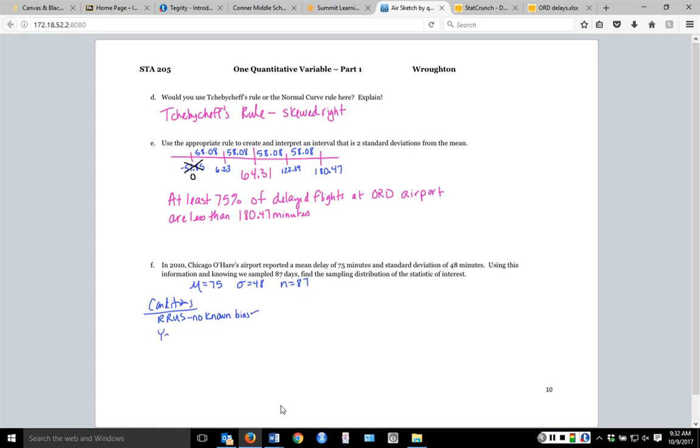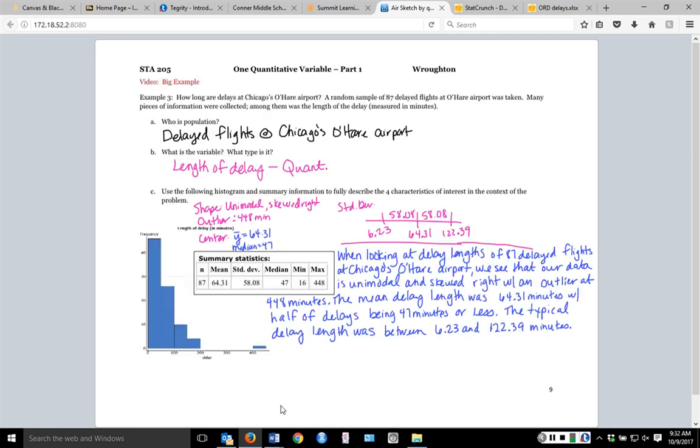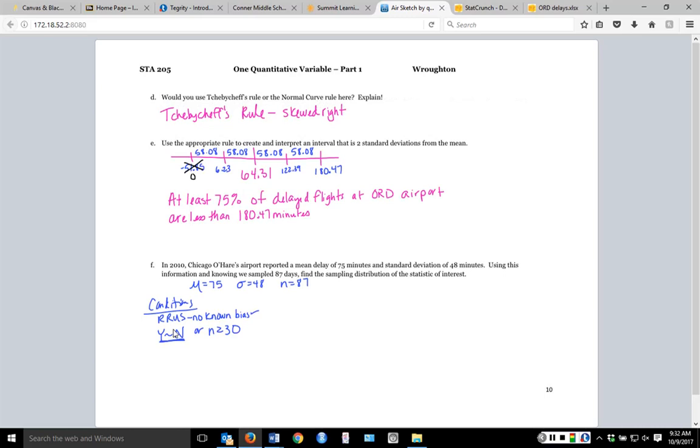And then we either need to know that Y is distributed normal, or have a sample of at least 30. So let's talk about this first one again. If this first one was a true statement, when I look at my graph here, it should look symmetric and bell-shaped. Does this graph look symmetric and bell-shaped? Definitely not.